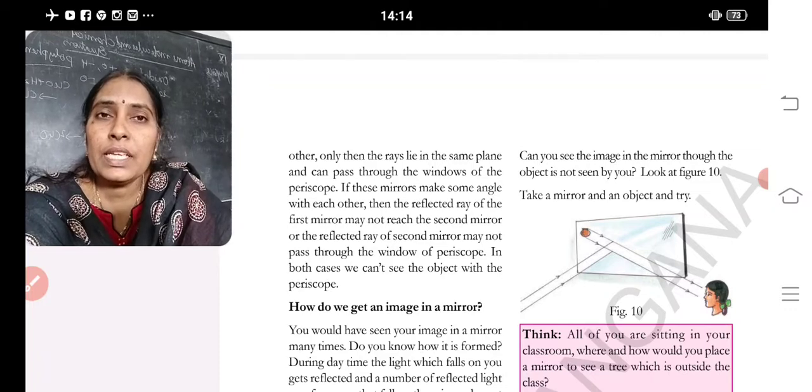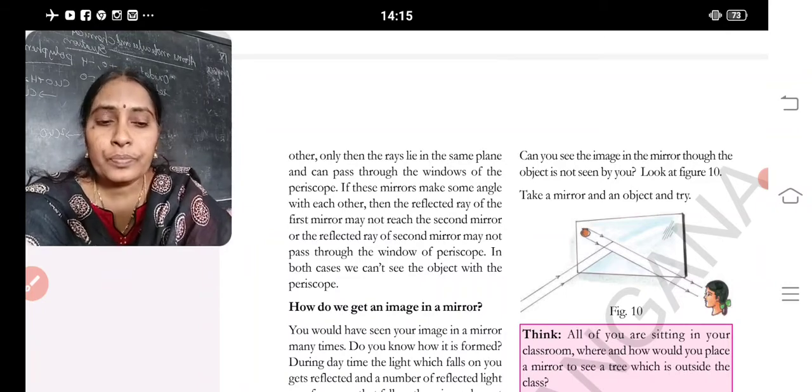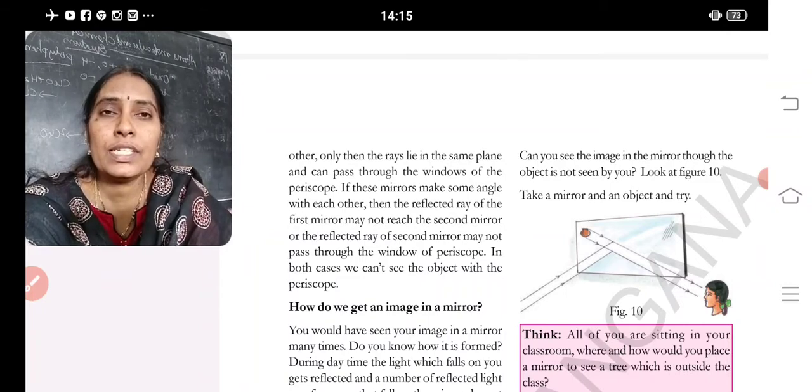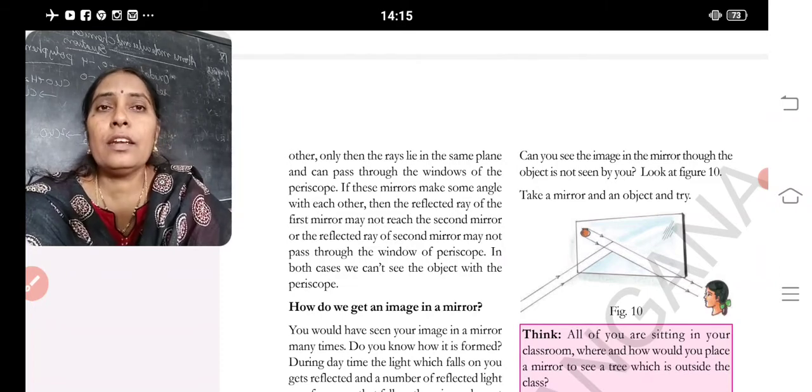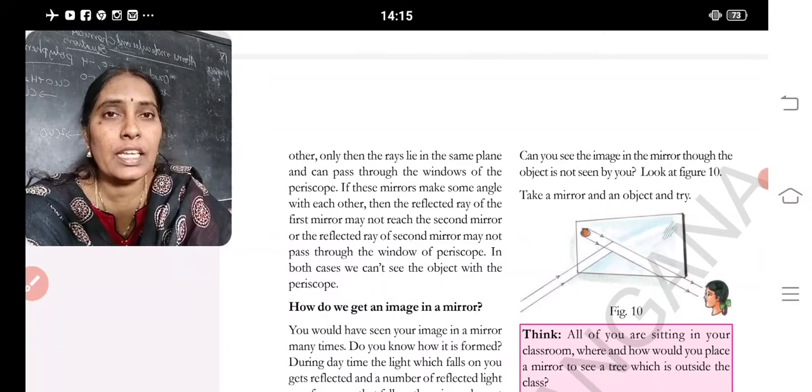Why are the mirrors placed parallel? If they are parallel, then only the image gets reflected, and the image falling on the first mirror becomes the object for the second mirror and reflects to our eye. Then only we can see the image clearly. If they are not arranged parallel, we cannot see the image.